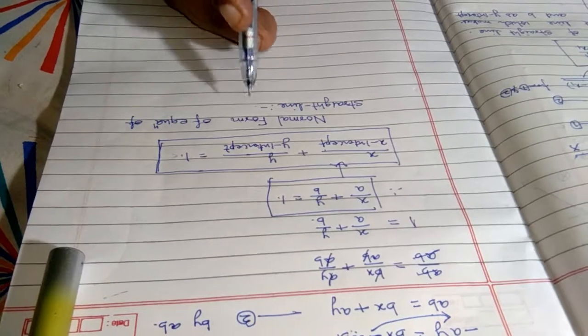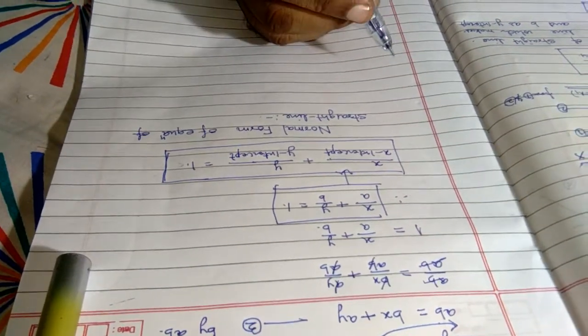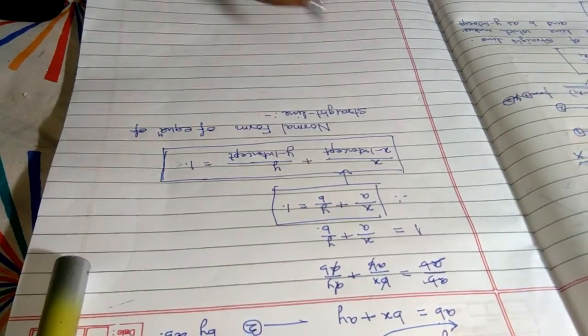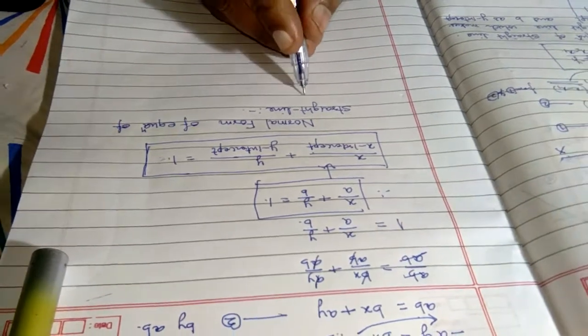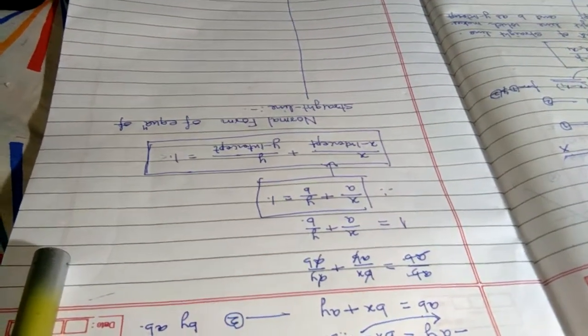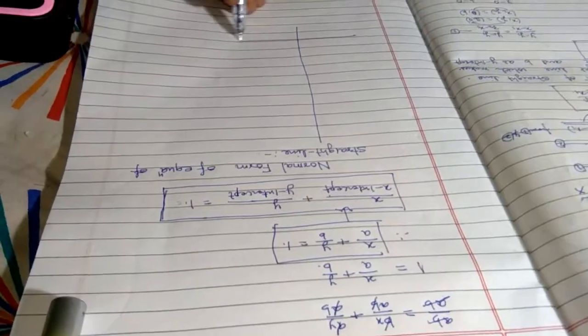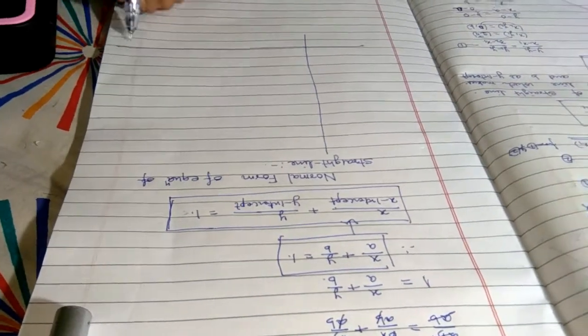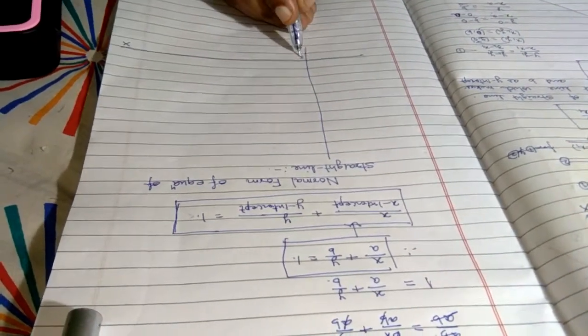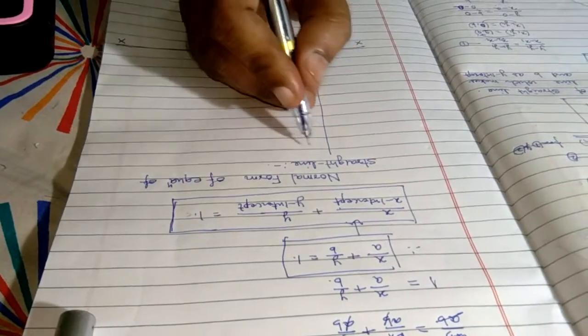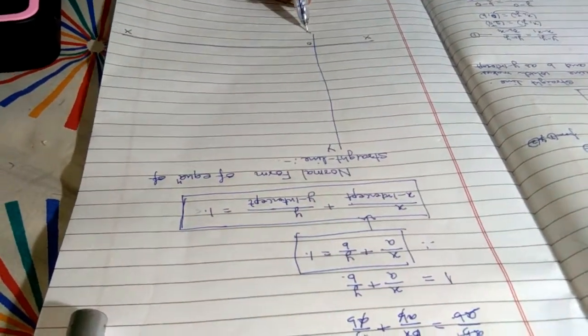So now the normal form of the equation of a straight line. We are going to explain what the normal form of the equation of a straight line is. Here we are taking the coordinate axes, XOX dash and YOY dash.